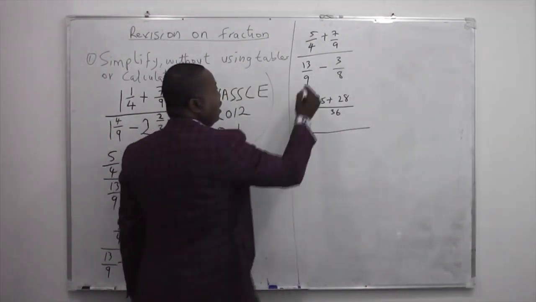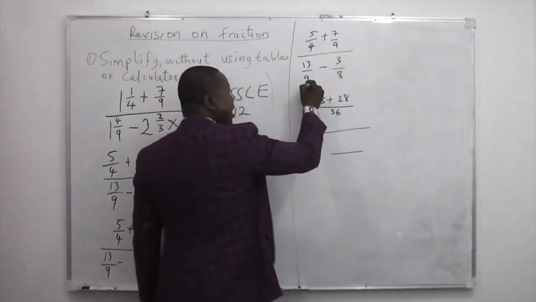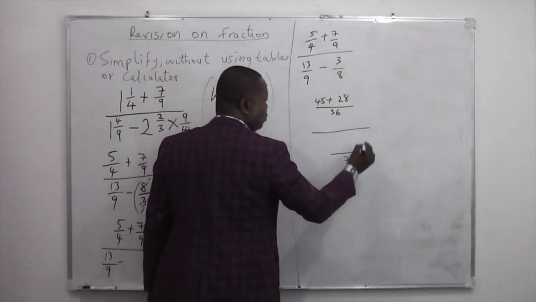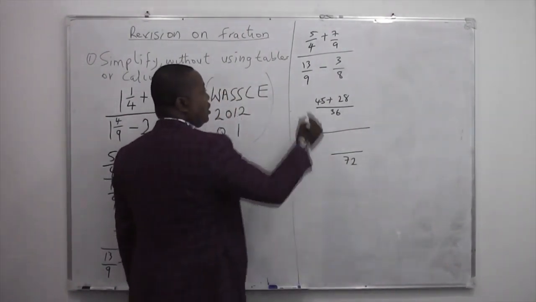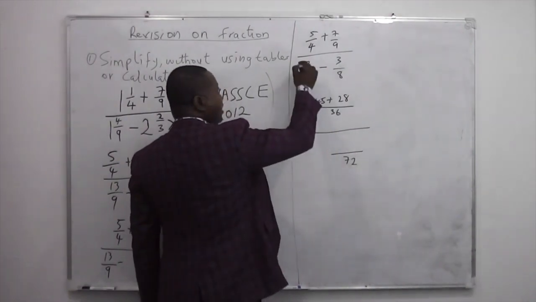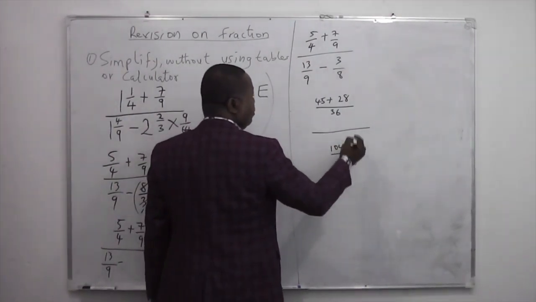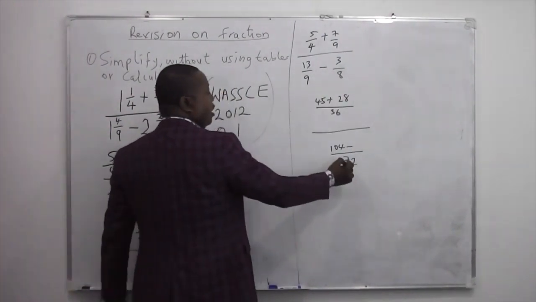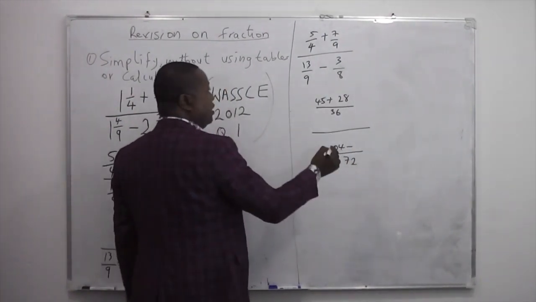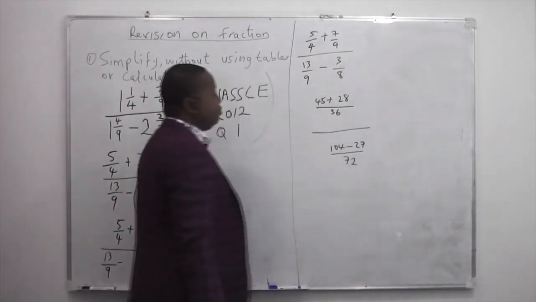All over, I'm having here the LCM to be what? 8 times 9 is 72. Now let's go. 9 into 72 is 8. 8 times 13 is 104, minus 8 into 72 is 9, 9 times 3 is 27.